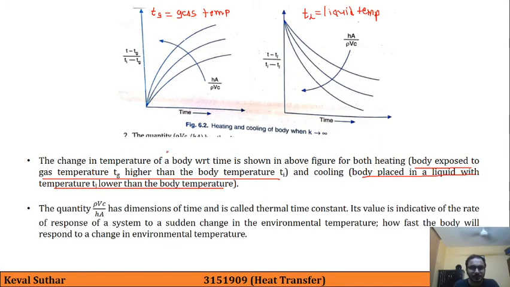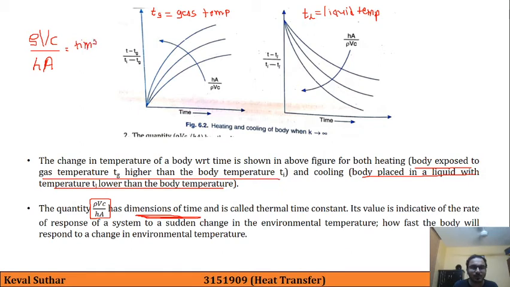Now the quantity rho Vc upon hA. If you see, we have reversed this hA upon rho Vc. So now we are discussing rho Vc upon hA. This has dimensions of time, so you can check it yourself by putting in all the dimensions. The final value of this will be time.